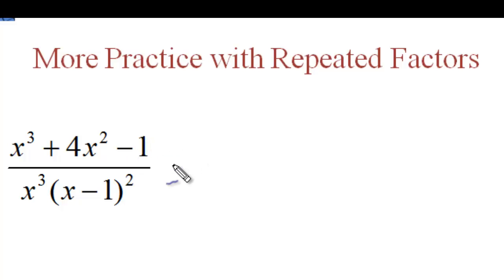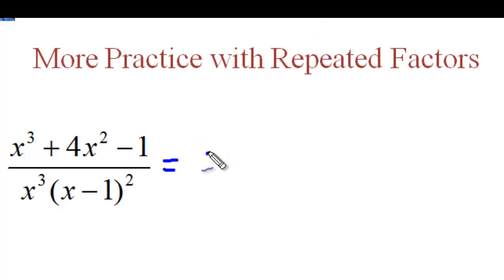I just want to emphasize, in this case, we have a repeated factor of x to the third and x minus 1 squared. So both of those will have to be repeated in the partial fractions.